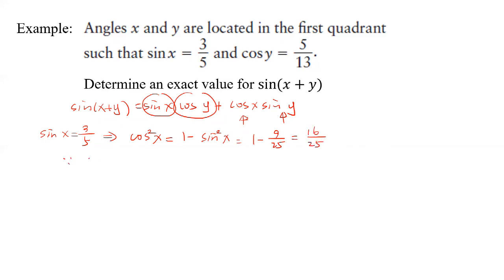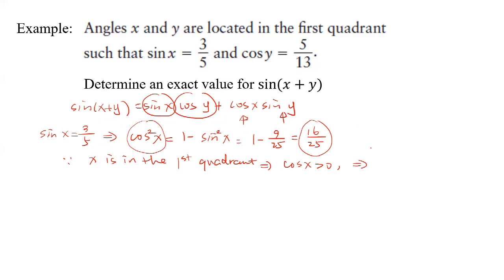And because x is in the first quadrant, note here, if cosine x squared equals this value, cosine x can be positive or negative, right? And because x is in the first quadrant, that means cosine x must be positive, right?